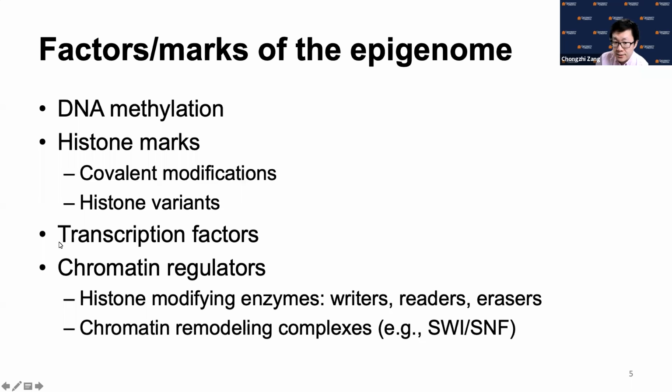Also, transcription factors are a group of very important proteins that directly interact with DNA, with the main function of regulating the gene expression program or transcription. And chromatin regulators are another group of important marks in the epigenome that includes, but is not limited to, histone modifying enzymes, including histone mark writers, readers, and erasers, and also chromatin remodeling complexes like the SWI/SNF complexes.